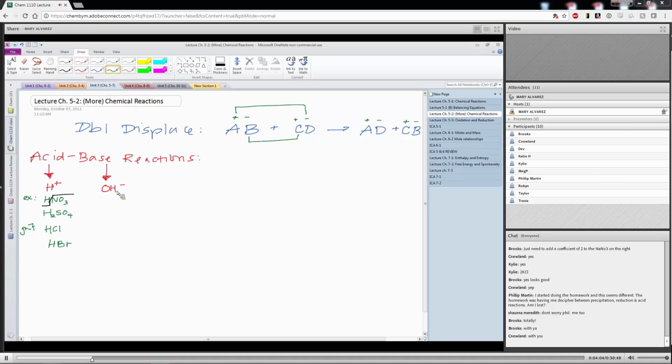So any metal or polyatomic ion with a hydroxide, for instance, the ammonium polyatomic ion with the hydroxide, that would be a base because you see the hydroxide. Sodium with the hydroxide, base because it's that hydroxide. Magnesium hydroxide even. It's going to be basic.